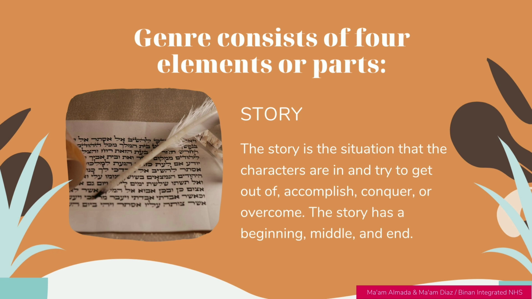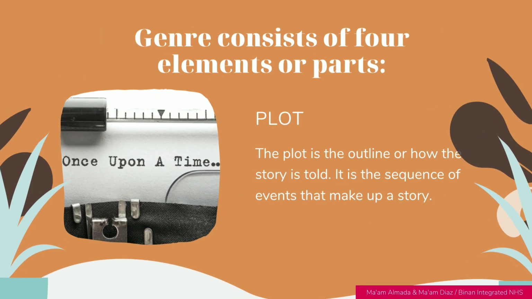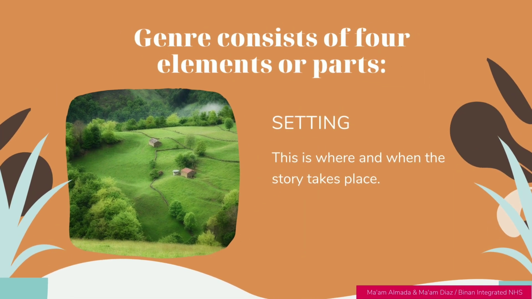The story has a beginning, middle, and end. Plot. The plot is the outline or how the story is told. It is the sequence of events that make up a story. Setting. This is where and when the story takes place.